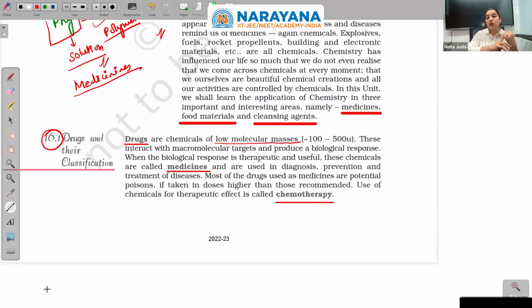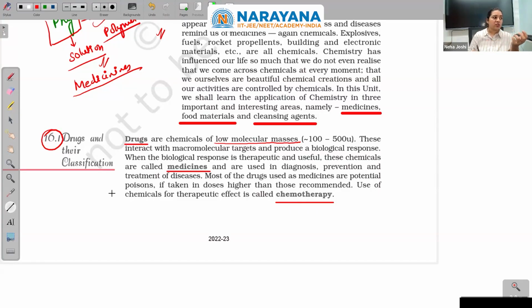So what we learned: drugs are chemicals with small molecular mass. They interact with some macromolecular targets, large molecules, and generate some biological responses. If the biological responses are in favor of health or for some good purpose, then they are called medicines. They can be poisonous if used beyond the prescribed doses.